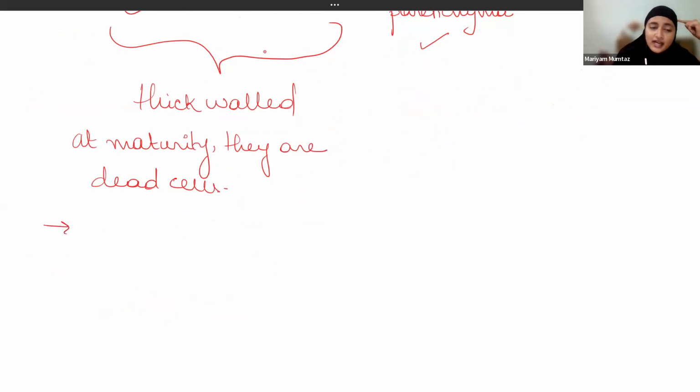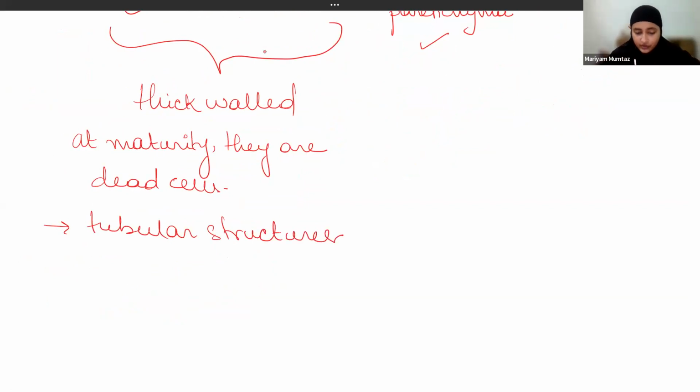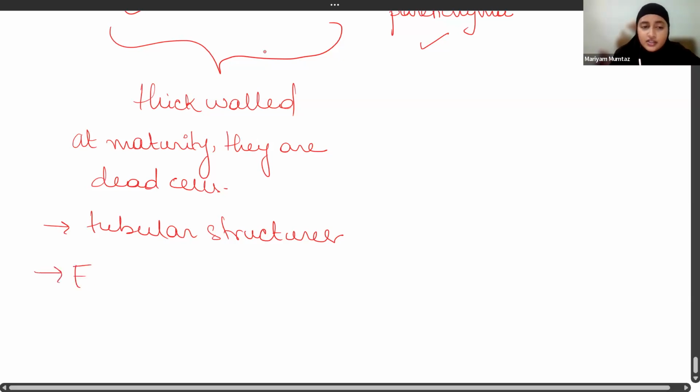And apart from that, they are tubular structures. The tracheids and vessels are tubular structures. Okay. They are tube-like structures, and what they do is allow the transportation of water and minerals in a vertical direction. So what is their function?